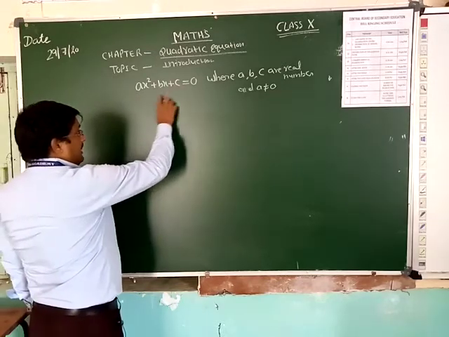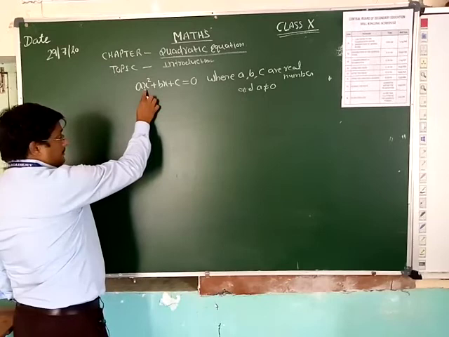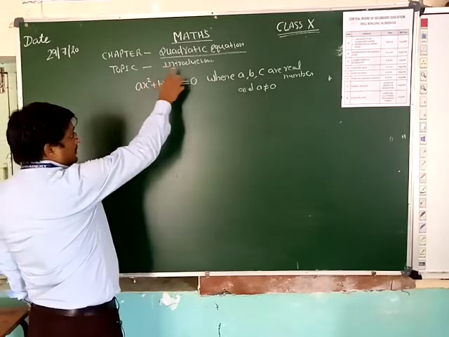It is an equation, that is, an equality, and the degree of the variable is 2, so it is called a quadratic equation.